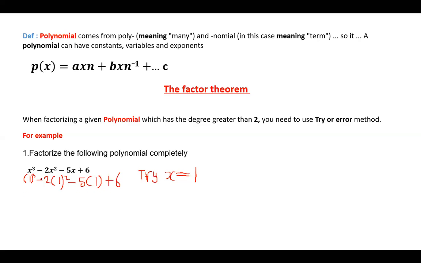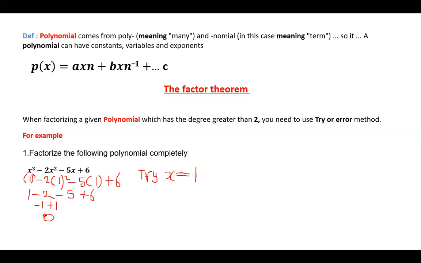This is going to give us 1, this is going to give us negative 2, this is going to give us negative 5, and this is going to give us positive 6, to remain like that. When you add 1 and negative 2, you get negative 1. When you add negative 5 and positive 6, you get positive 1. So when you add negative 1 and 1, you get 0.